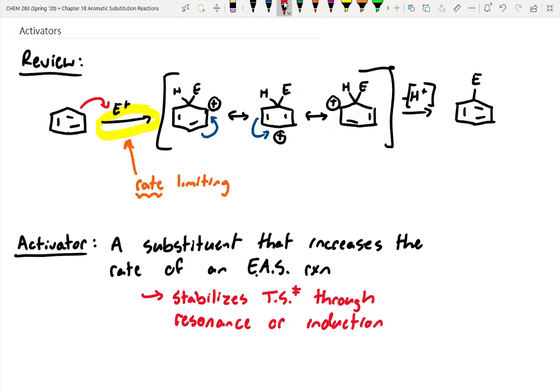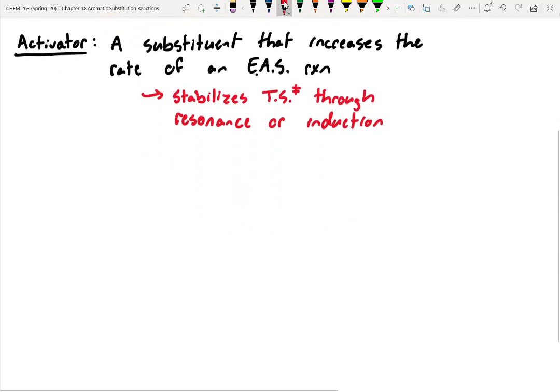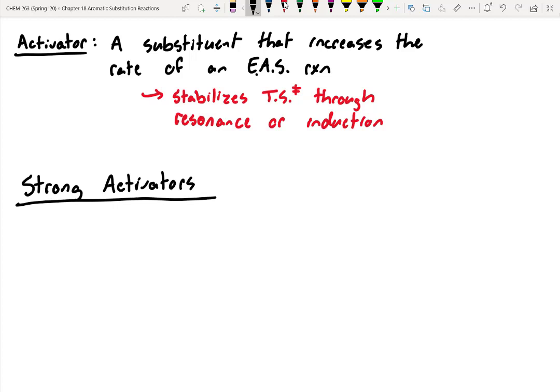All right, so let's take a look at a handful of these activators, and we'll start analyzing them in more detail. So let's start out with the strong ones. We know that strong activators are going to be substituents that really increase the rate of the reaction, and we know that it must stabilize the transition state either through resonance or induction. So let's figure out what's going on here.